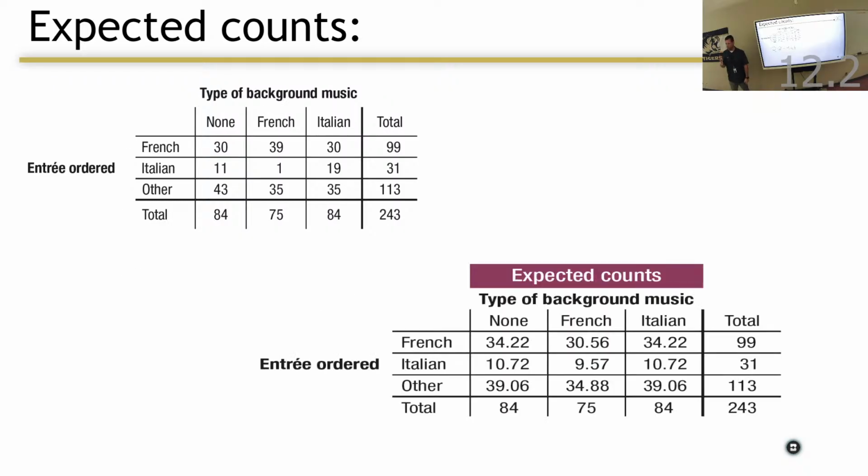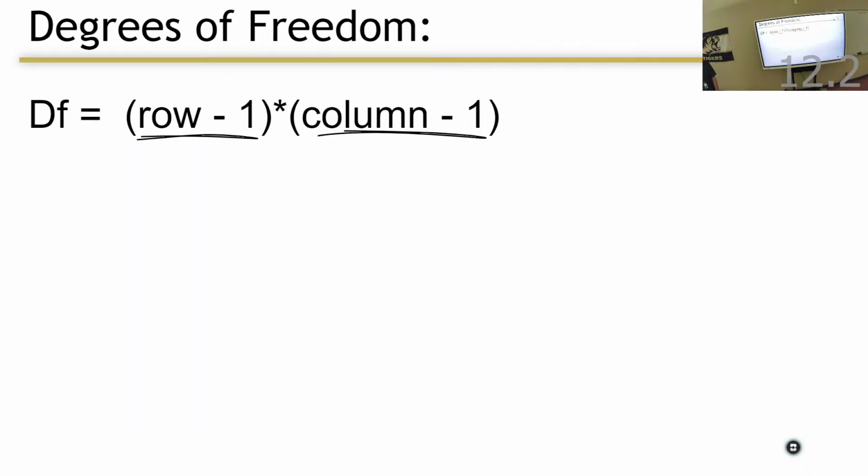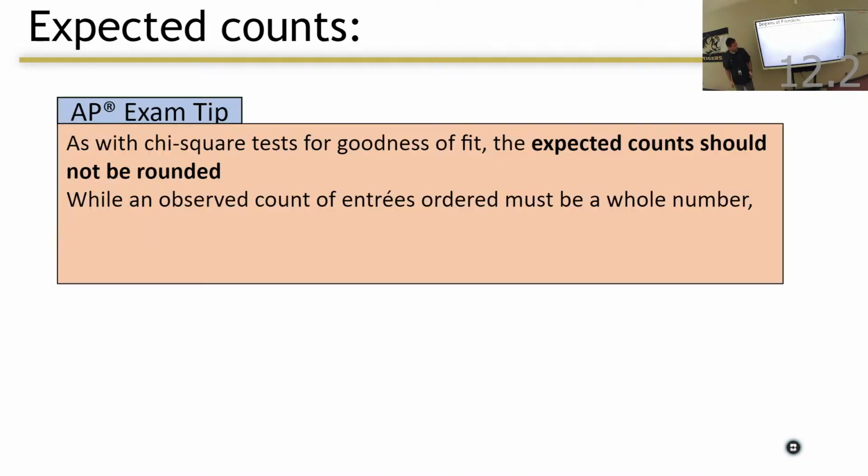Rows minus 1, columns minus 1, multiply those two together. Don't count the totals.